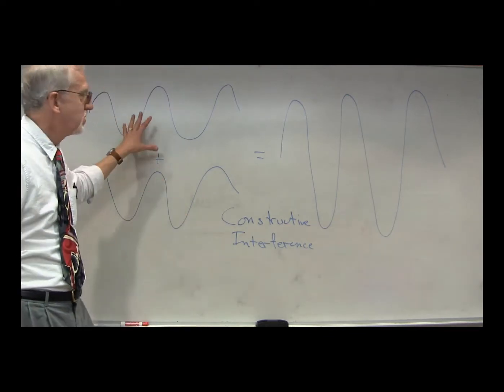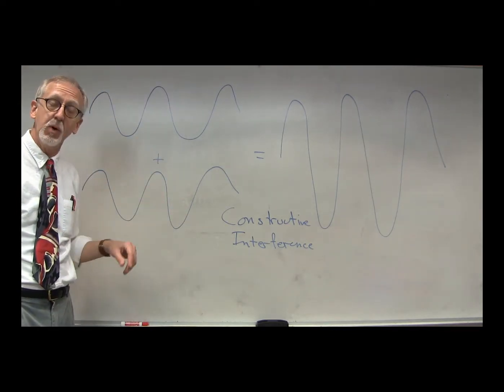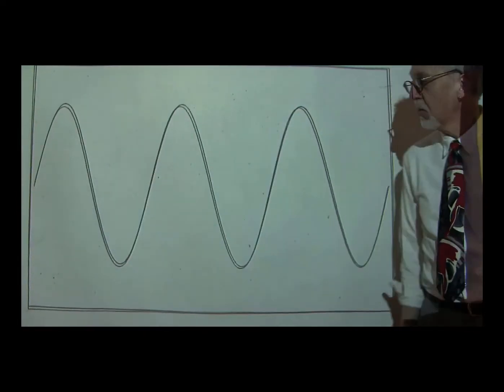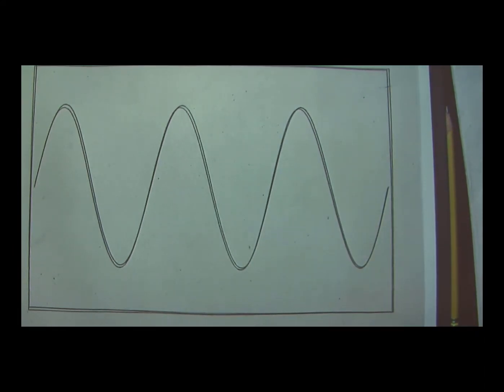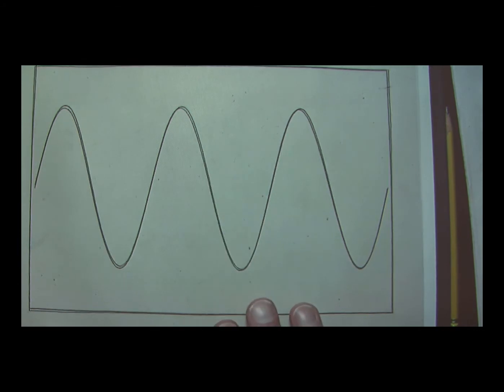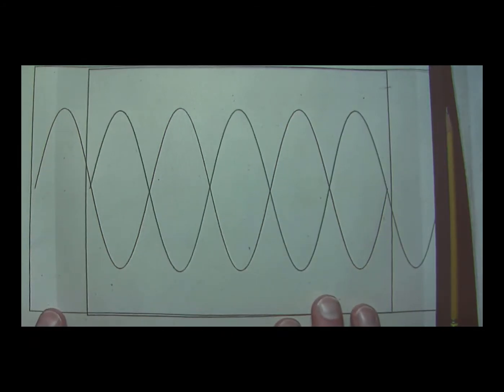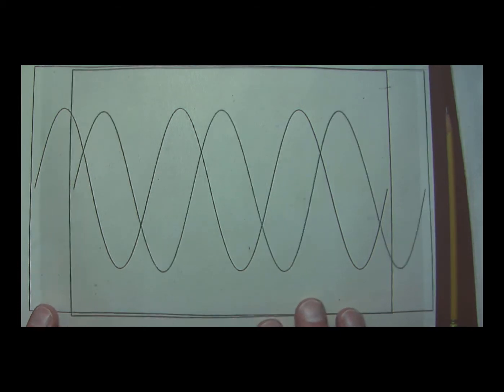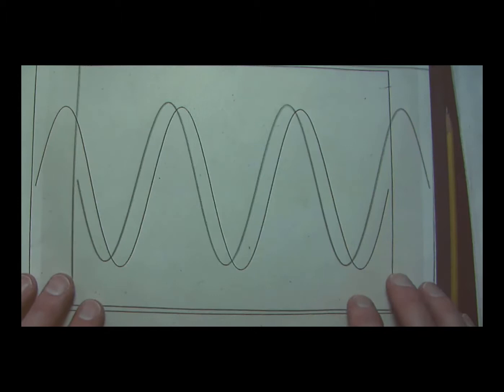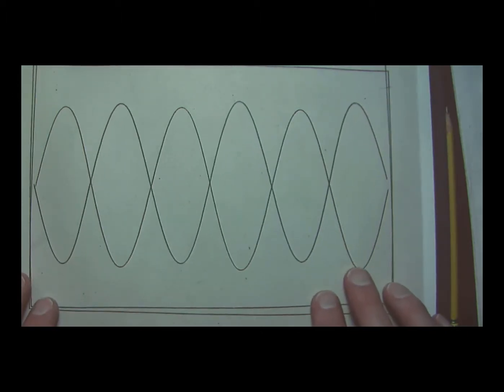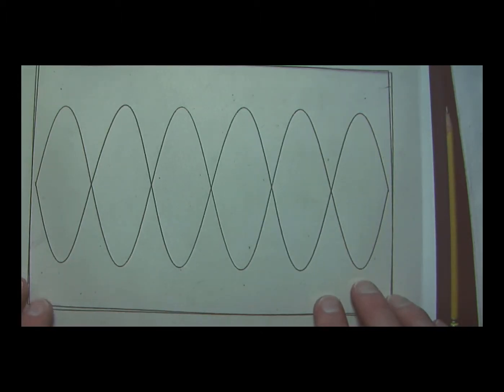Now, how else might these waves add together? Well, let's see. Okay, here we go. What if, again, we have these two waves, but now, what if one of them were to move over a half of a wavelength, so something like this, or maybe one of them flipped upside down somehow, like that, we end up with a similar sort of thing.